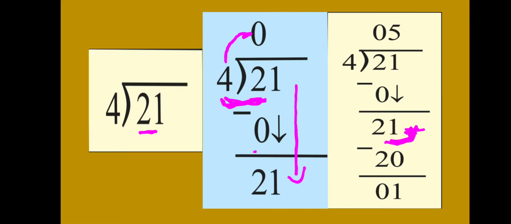So we will not take that 24. We will take 4 5s are 20.